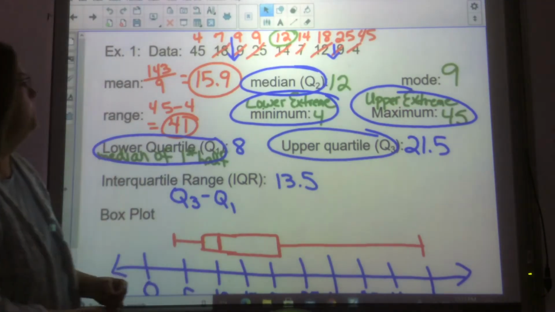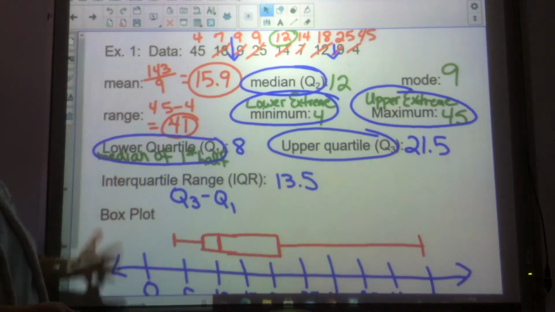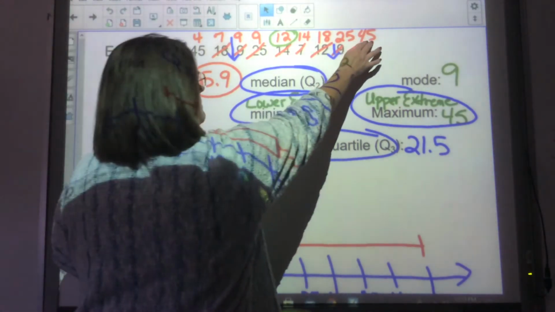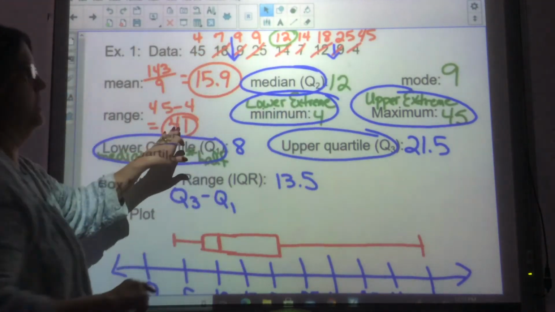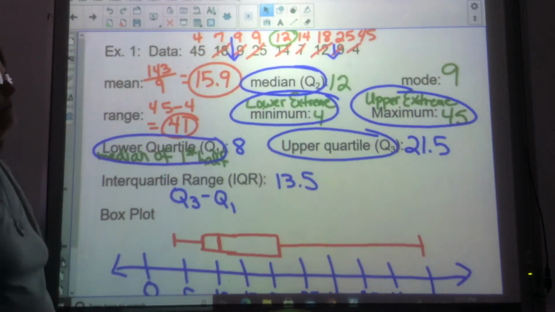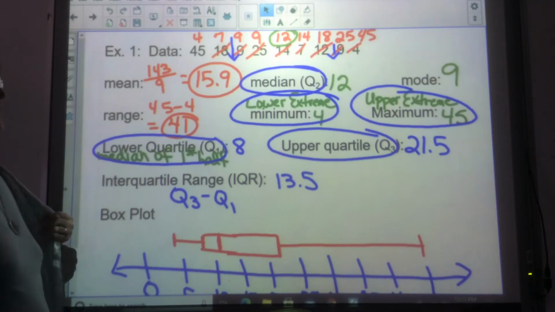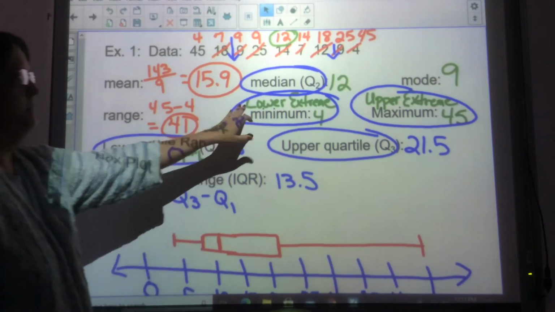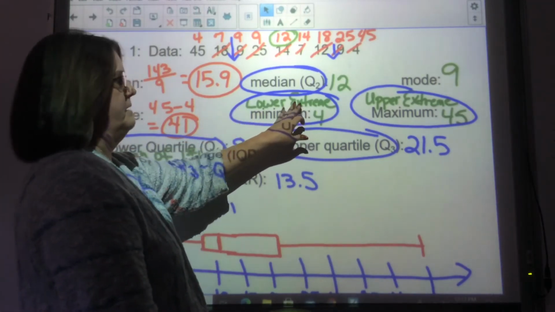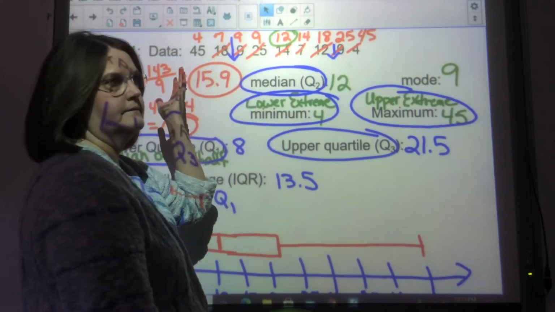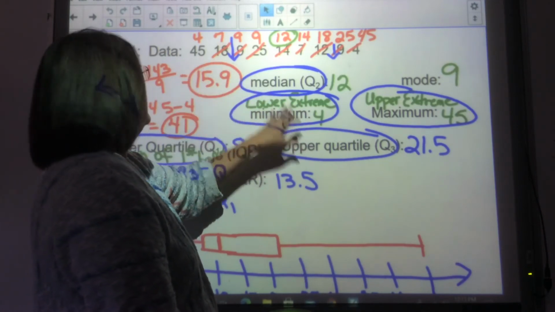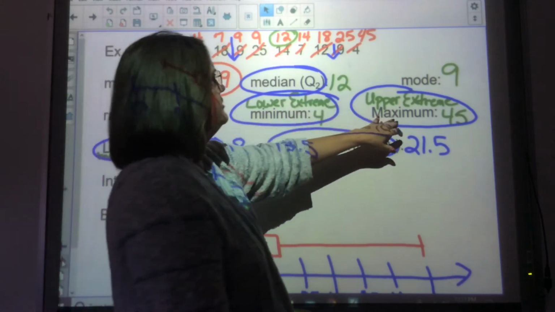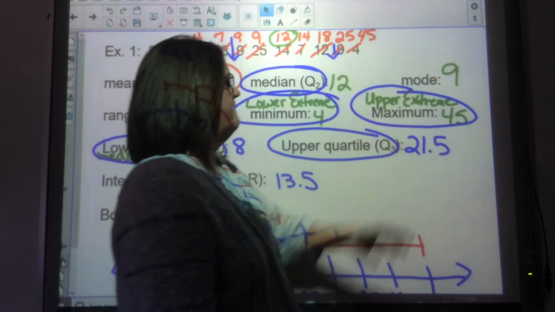Now, the range is the number where I take the largest number and subtract the smallest number, and that's my range. Now, you have different names for this, but your minimum number or lower extreme, that's why I wrote it here, depending on what textbook you're looking in, is 4. Your upper extreme, your maximum number, is 45.